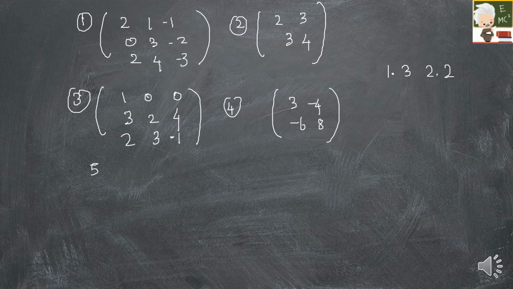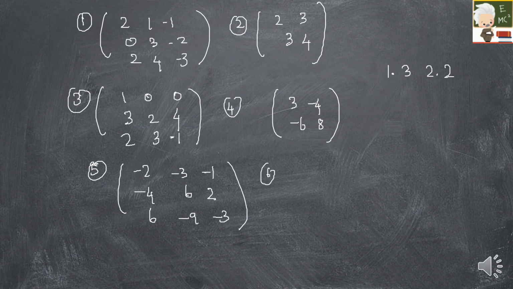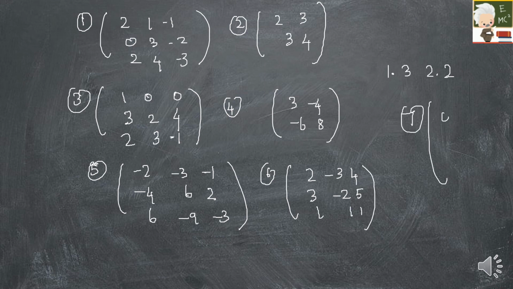And then fifth question, it is minus 2, minus 3, minus 1, minus 4, 6, 2, 6, minus 9, minus 3. And the sixth question, it is 2, minus 3, 4, 3, minus 2, 5, 1, 1, 1. And last, the seventh question: 0, i, minus i, minus i, 0, minus i, minus 3, 0, 1.